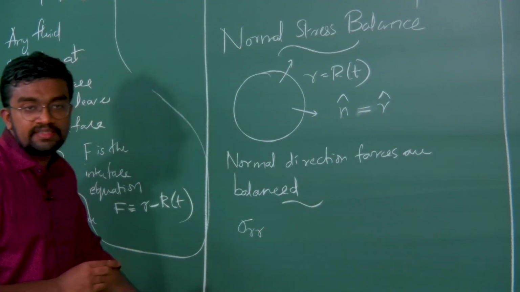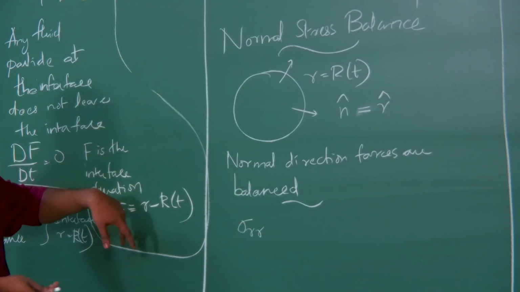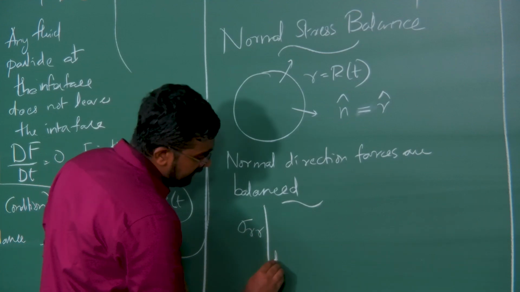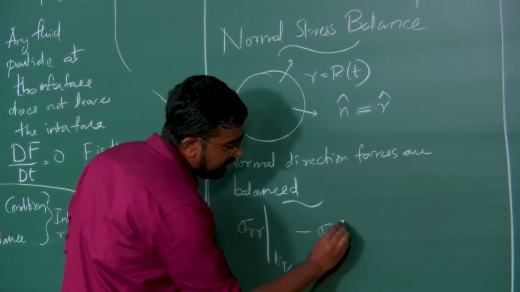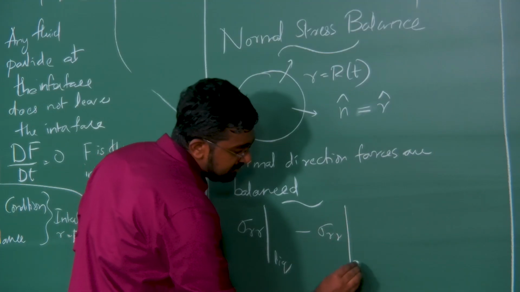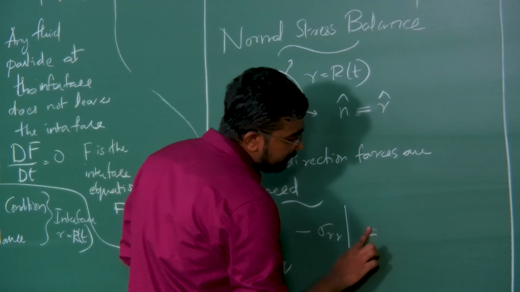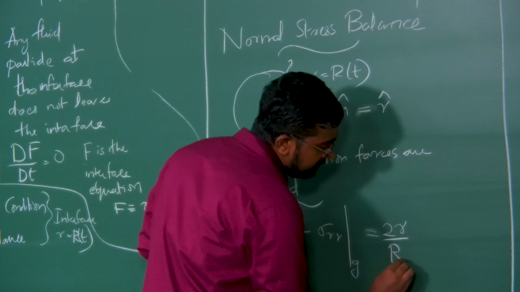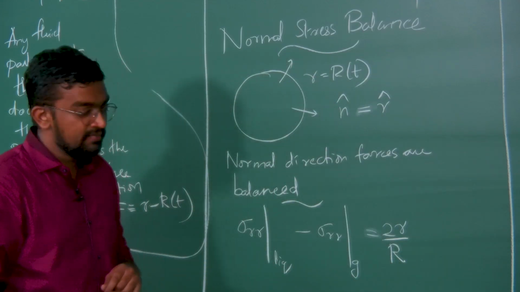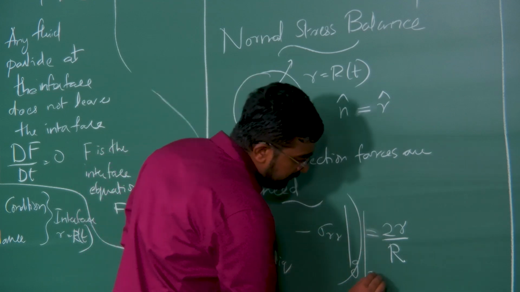This is the pressure exerted by the liquid on the bubble. You add sigma RR from the liquid minus sigma RR from the gas. This will be equal to the surface tension force 2 gamma by R. Both are measured at r equal to capital R.